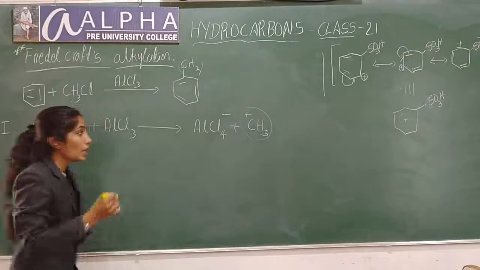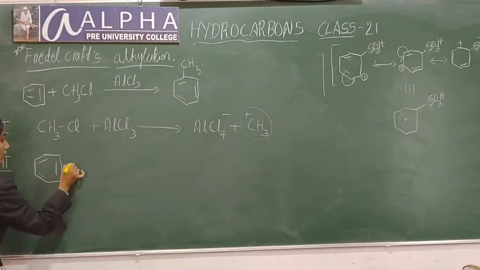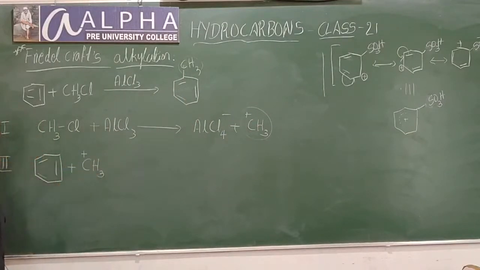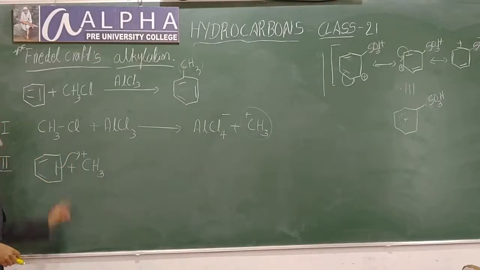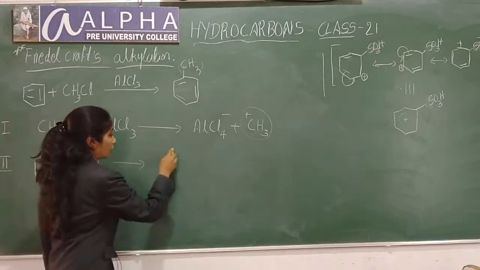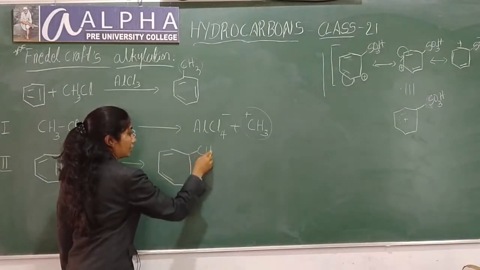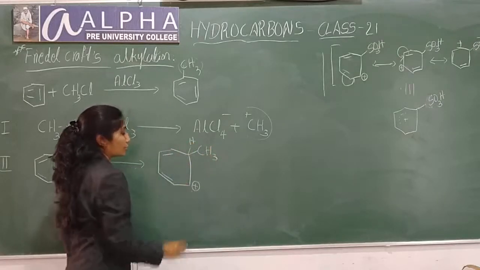In the second step, it will react with the benzene ring plus CH3 plus. So in the attack of the electrophile, the electron rich center attacks, goes and attaches here. So you will get a carbocation with CH3 and H, with positive charge over here.